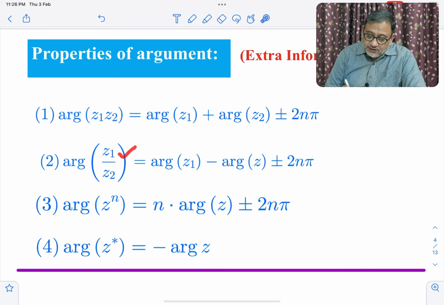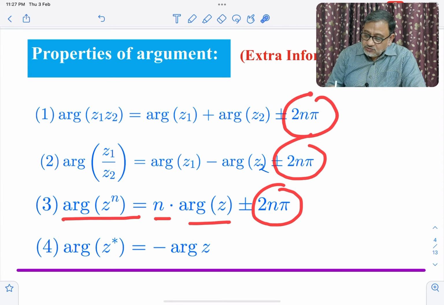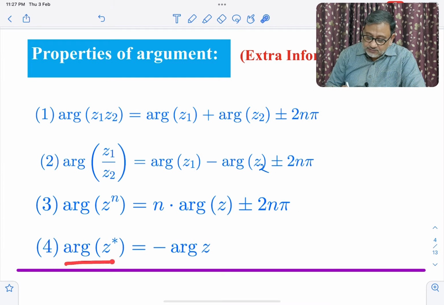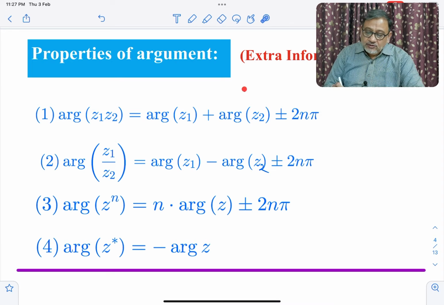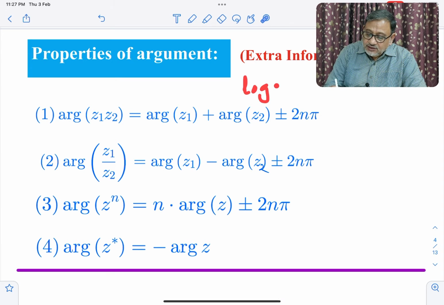Similarly, argument of Z1 upon Z2 is argument of Z1 minus argument of Z2. Then argument of Z to the power n is n into argument of Z. Plus minus 2n pi we are adding with everything. And argument of Z conjugate is minus argument of Z. If you look at all of them, these properties are like logarithmic properties.